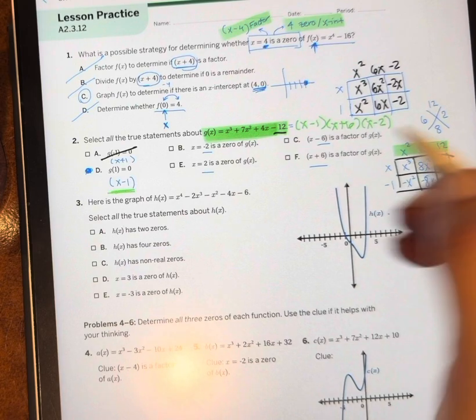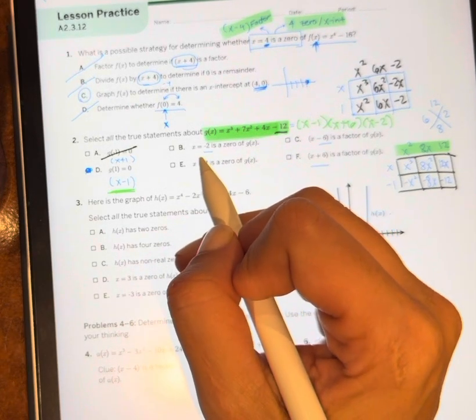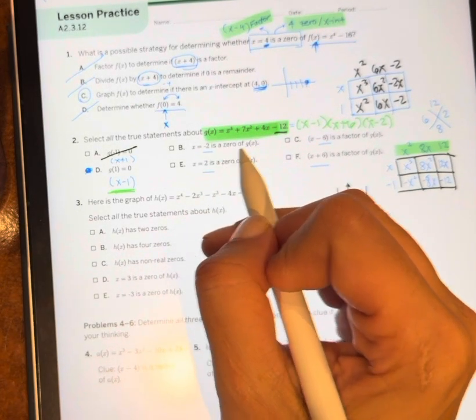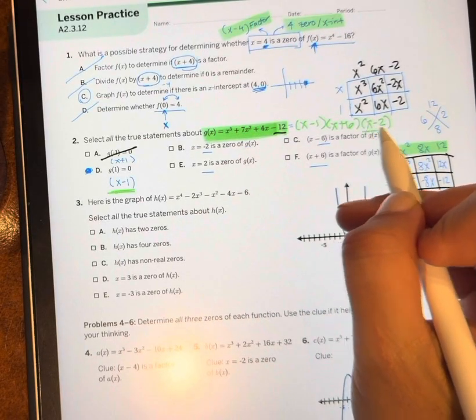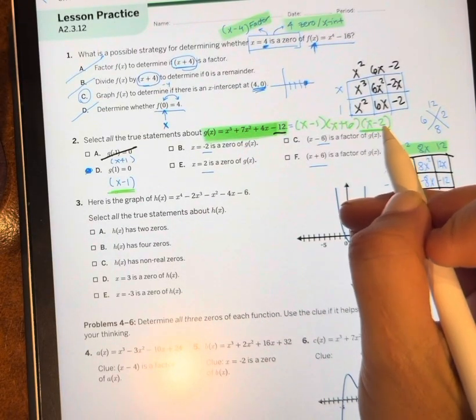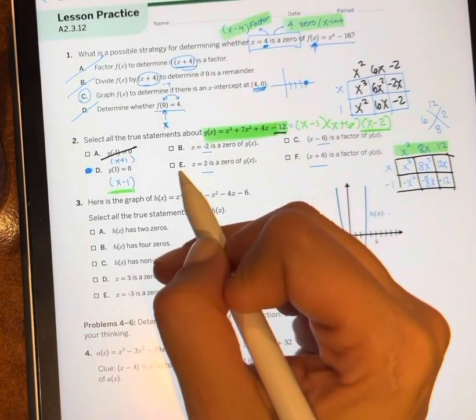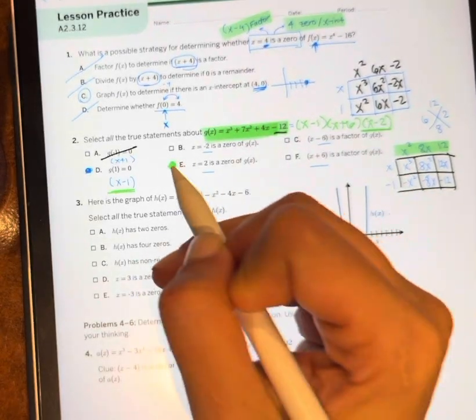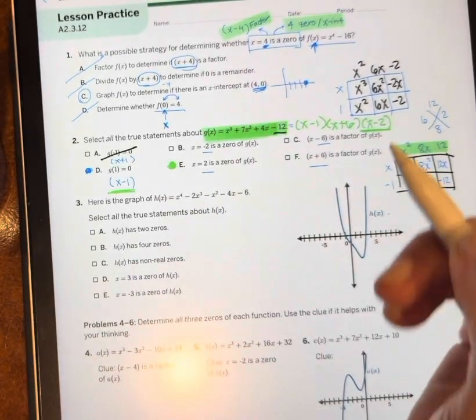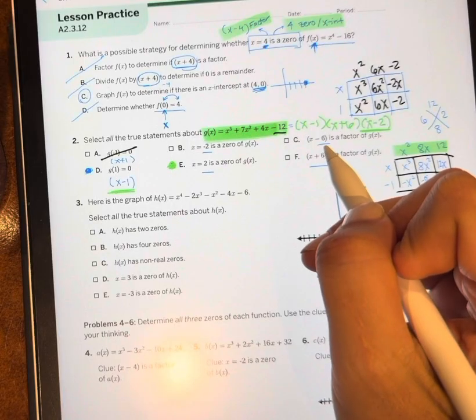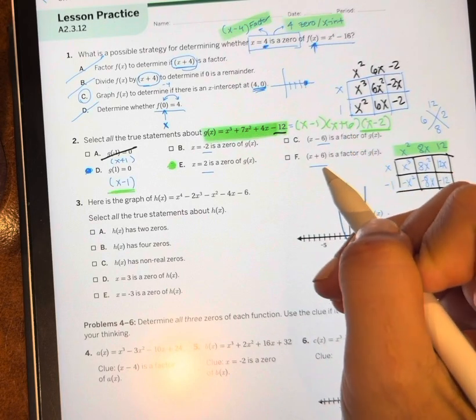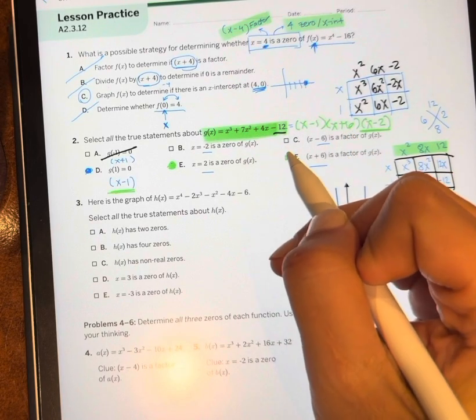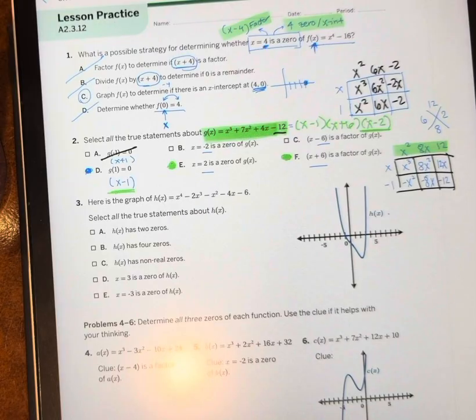Okay, so now I can just answer the rest of these. Is negative 2 a 0? No, it's not. X minus 2 is a factor, meaning positive 2 is a 0, so E is okay, but B is not. Is x minus 6 a factor? No. Is x plus 6 a factor? Yes. Okay, we did it.